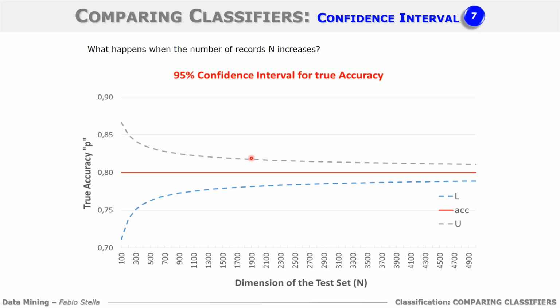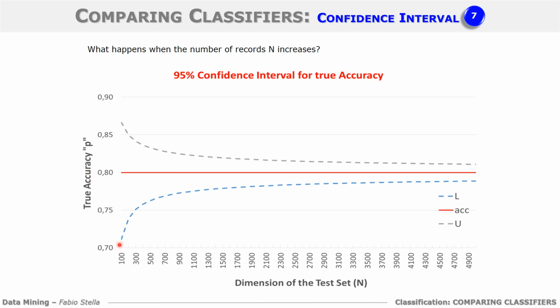It is clear from this graphical representation that increasing the dimension of the test dataset shrinks the amplitude of the confidence interval, which theoretically should shrink towards the true value of the accuracy of the considered classification model.